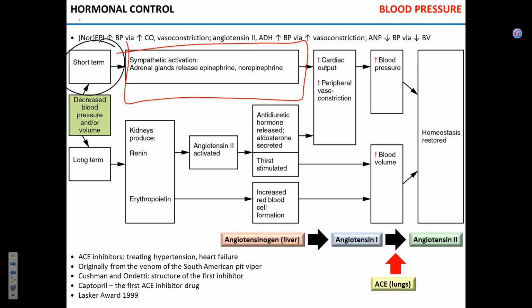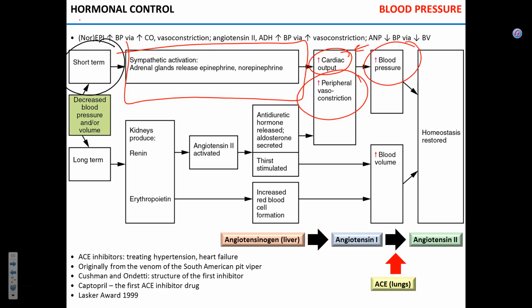Epinephrine and norepinephrine directly stimulate cardio, which center? Cardioacceleratory, and for blood vessels it's going to be vasomotor. Cardioacceleratory and vasomotor centers are stimulated by epinephrine or norepinephrine. That leads to increased heart rate, increased contractility, and vasoconstriction. That leads to elevated blood pressure.